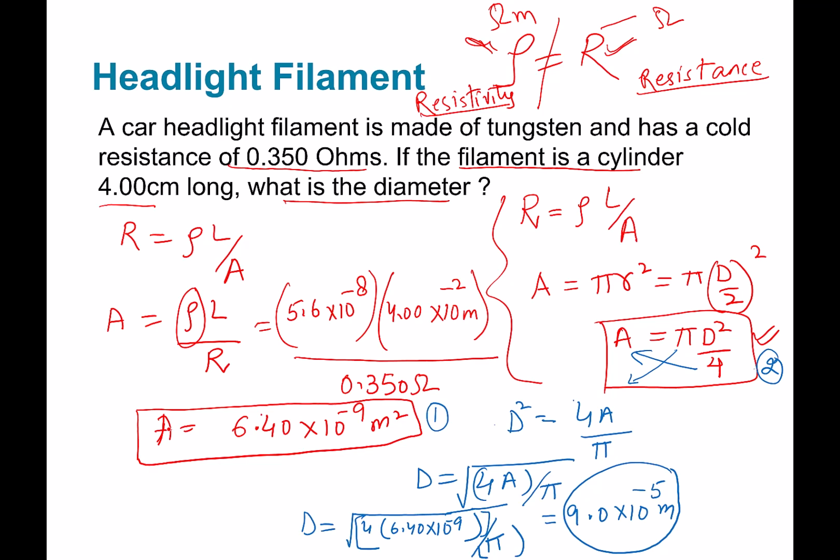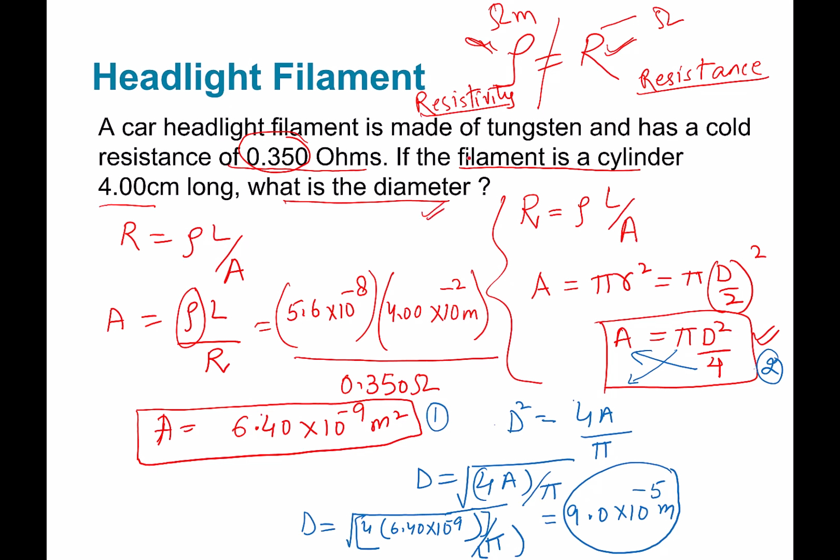So this was one of the examples that I was discussing when it was not recording. If we have a car headlight filament, it's made of tungsten and has a cold resistance of 0.350 ohms. If the filament is a cylinder which is 4 centimeters long, we have to find the diameter.